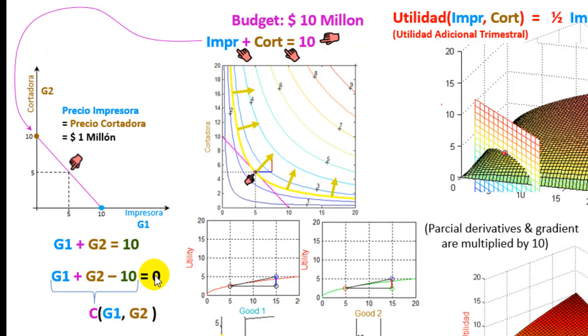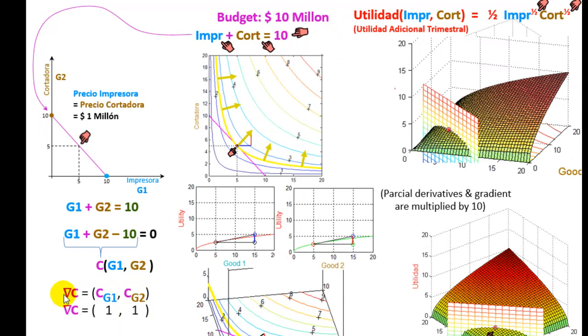If we calculate the gradient of this function, which by definition is the partial derivative with respect to one variable and the partial derivative with respect to the other variable, it's this vector.